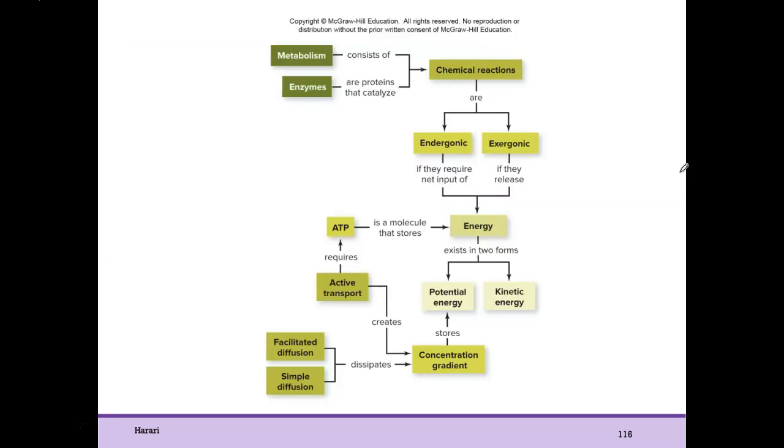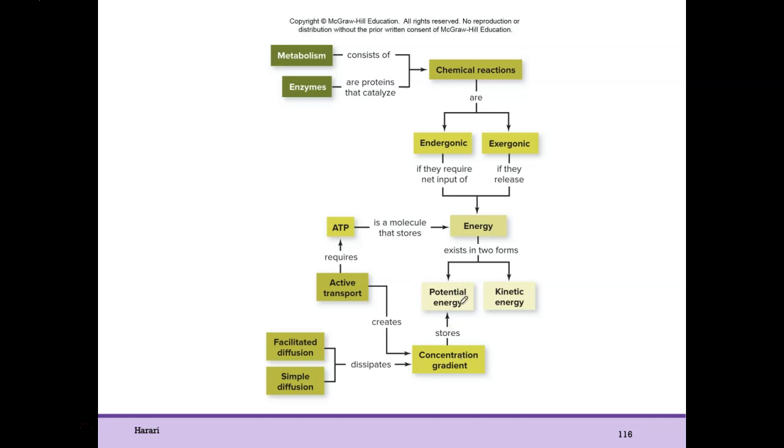And to summarize, chapter 4, we said that metabolism consists of anabolism and catabolism, which are types of chemical reactions. Chemical reactions are catalyzed by enzymes, and the chemical reactions can be endergonic if they require energy, or exergonic if they release energy. Energy exists in two forms. It could be kinetic, energy of motion, or it could be potential energy.